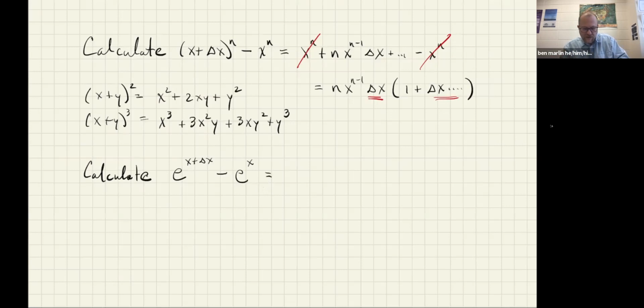So this here is something similar. I want you all to spot that if you rewrote this very slightly, e to the x plus delta x, just like if we said e to the 2 plus 1, you could write that as e to the 2 times e to the 1. Well, if we got x plus delta x, you can rewrite like that.